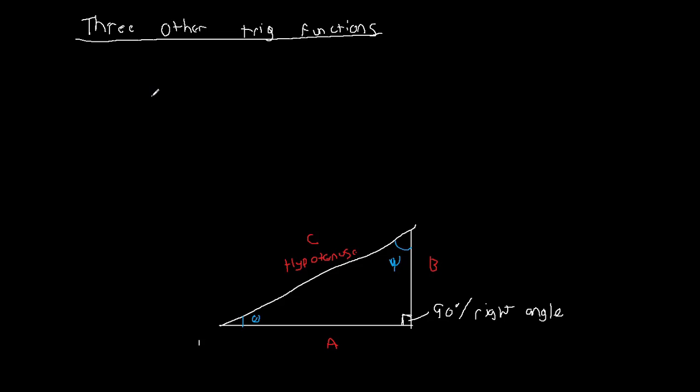So the first one is going to be called secant, or sometimes you'll see it S-E-C for secant. Right? And again, secant is the hypotenuse over the adjacent.